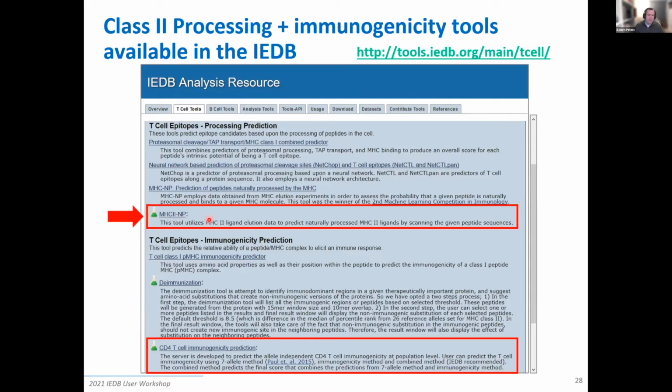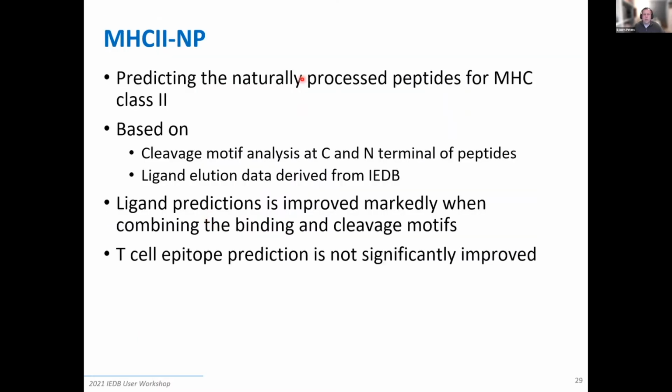Starting with MHC2-NP, this is a tool where we looked for the motif of sequences around class 2 ligands. So given that, as I showed you, these are cleaved by proteases in specific compartments, and proteases always have a preferred specificity, we were wondering if we can find specific enrichment of amino acids at the ends of these ligands.